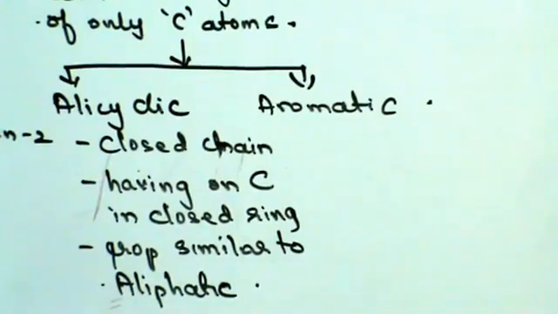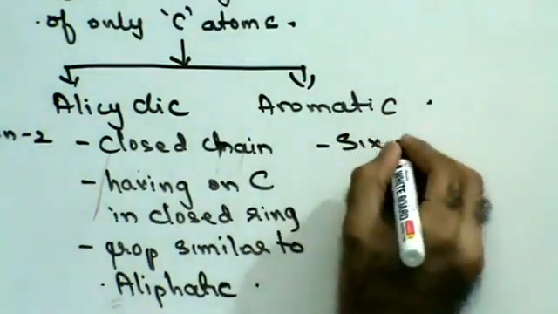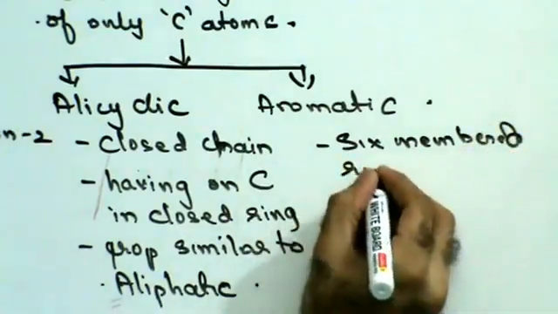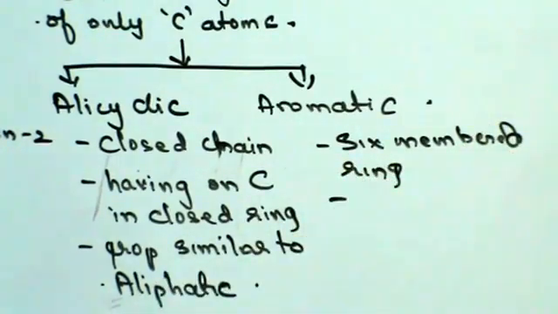Aromatic. This is a special group of cyclic compounds. They usually have 6-membered rings. Aromatic compounds are made up of 6 members. They have alternate double and single bonds.